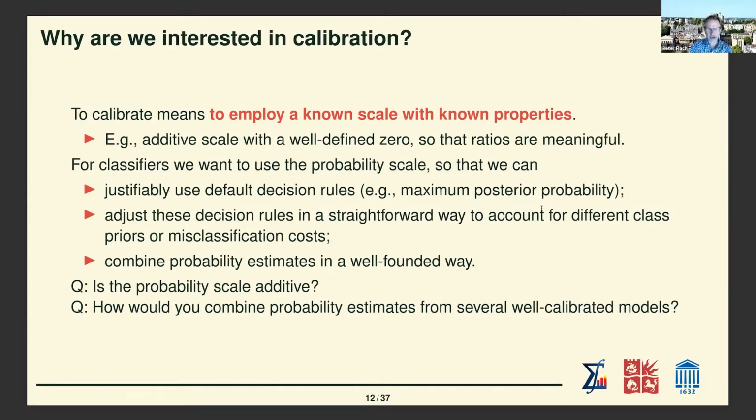And the second question, how would you combine probability estimates from several well-calibrated models? Well, there would be some kind of averaging involved. And whenever people want to average things, they tend to apply the arithmetic mean, so adding them all up and dividing by how many numbers you have.